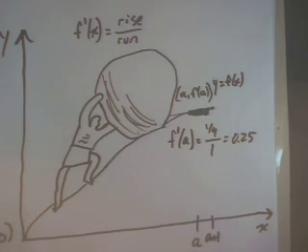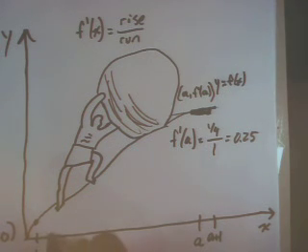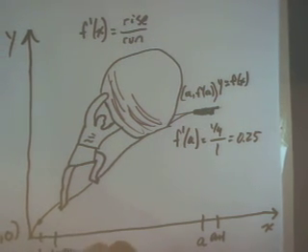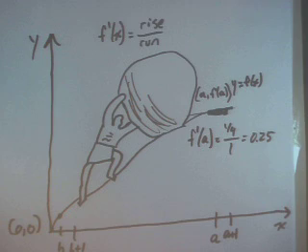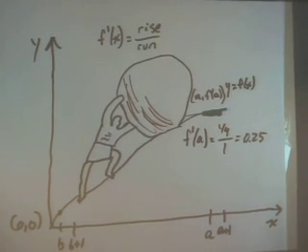Now let's compare that to another place on the curve. Say, let's take point B here, and let's cover the same amount of ground, just 1 unit along the ground. So let's see how steep the curve is at that point.